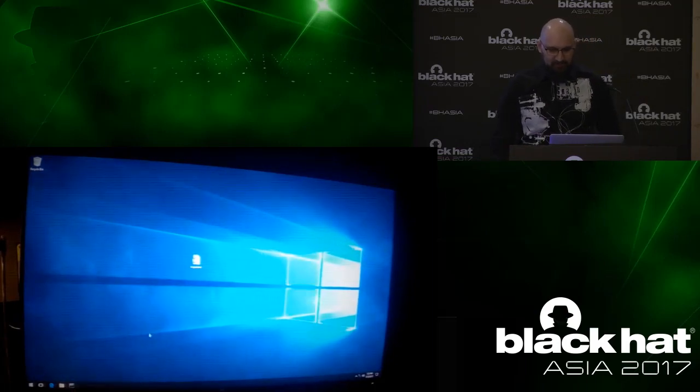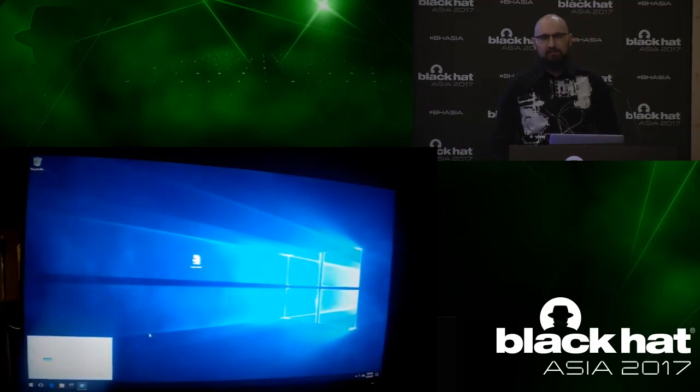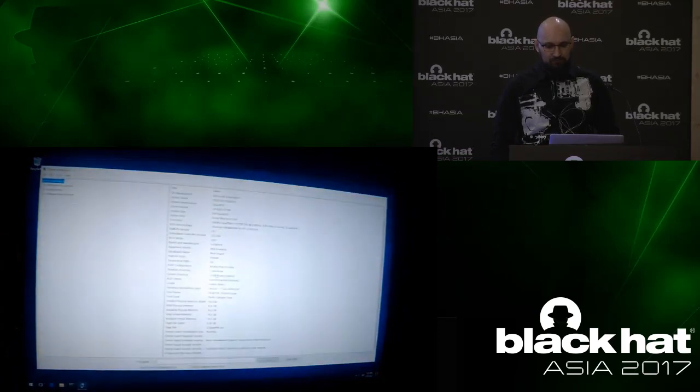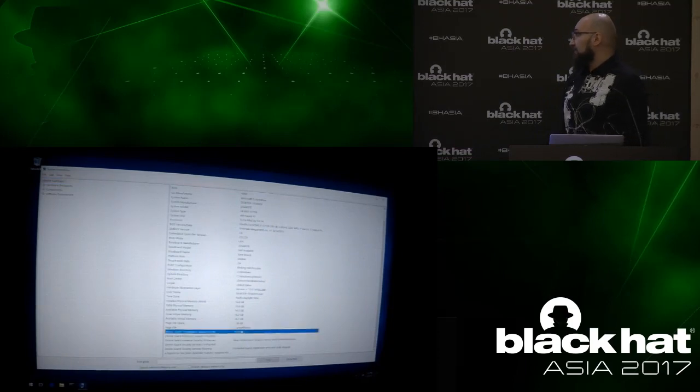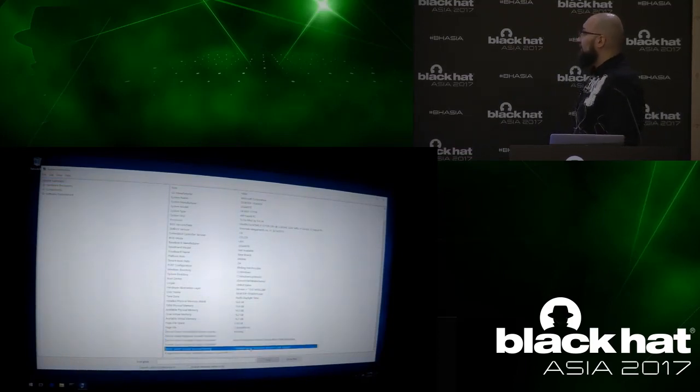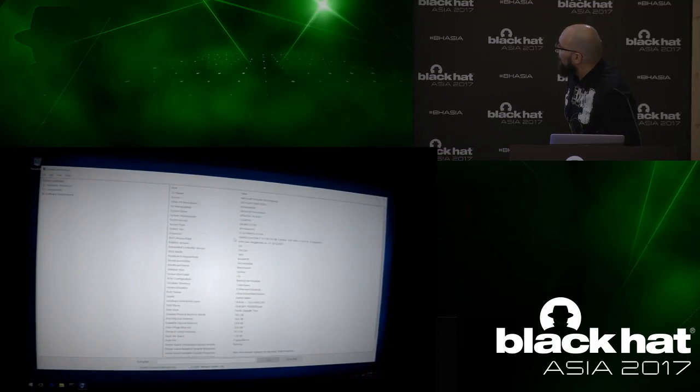So yeah, it's Windows 10. We currently start MSInfo32 to show that Secure Boot, Device Guard, and virtualization-based security are enabled.